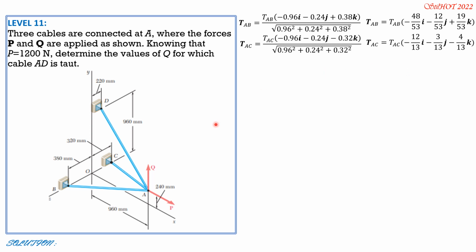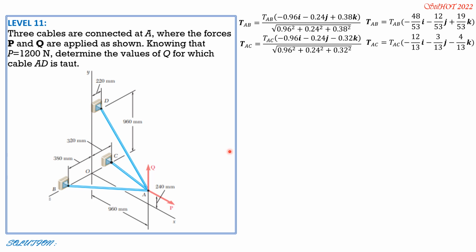Next is tension AD. Tension AD is going to the left, negative 0.96 i, upward. The vertical distance from C to D is 0.96, but it starts at A, which is 240 mm above the XZ plane. Therefore, the vertical distance from A to D is 960 minus 240, that's 720 mm.